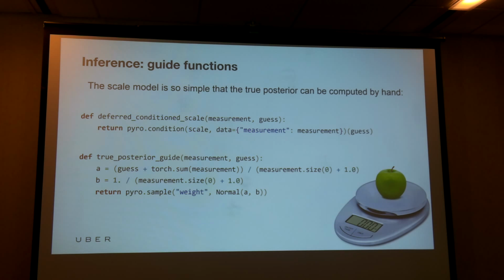Our scale model is so simple that the true distribution over weights given measurement can actually be computed by hand if we were to write this down and do some math. Here I've written a guide program, a model of the distribution of weights given data, which is the true posterior distribution.